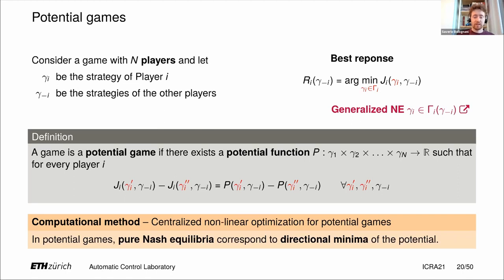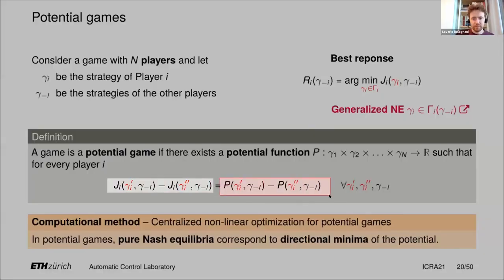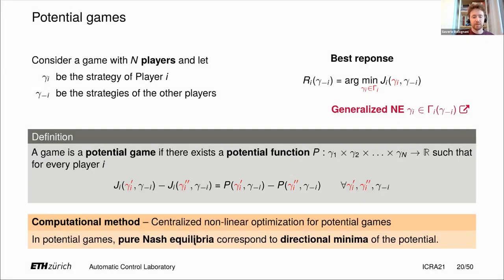Why would you try to find games with such a property? Well, because if you connect the outcome of all players to a common function, then for free all pure Nash equilibria of the original game are the directional minima of this potential.